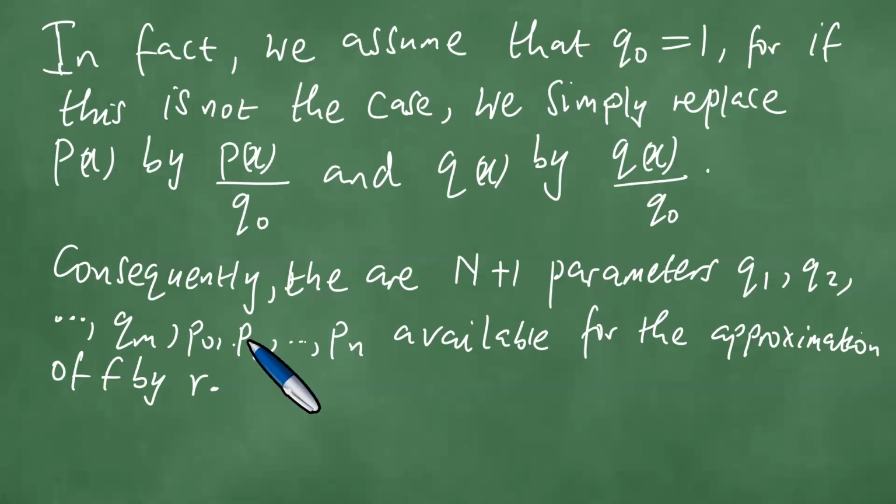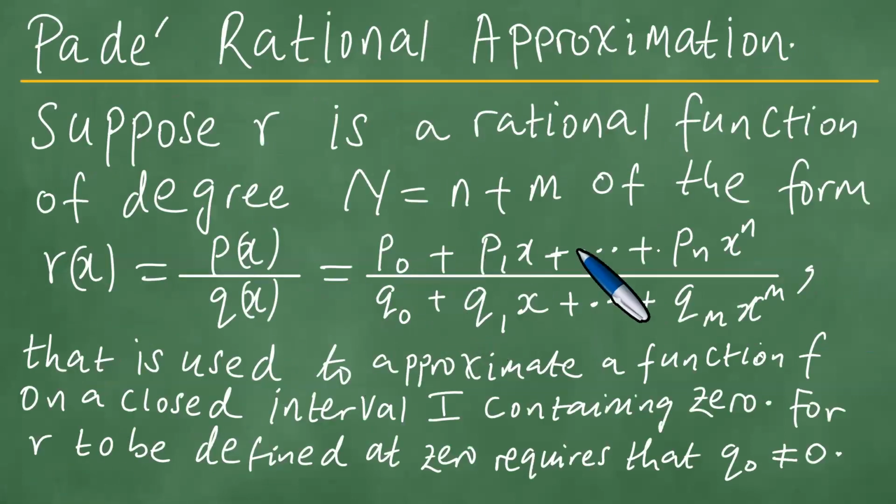Why do we have P naught up to Pn? It's simply because those are the parameters. And we're looking at the case where we assume that Q naught is not 0. If it is 0, then we use the other parameters to approximate.